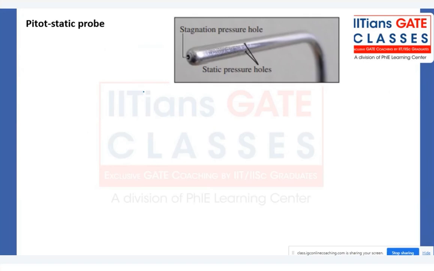Now whatever the aeroplane speed is, which instrument measures it? Pitot tube or pitot static tube? Tell me guys, the aeroplane speed is measured there using the pitot static probe.